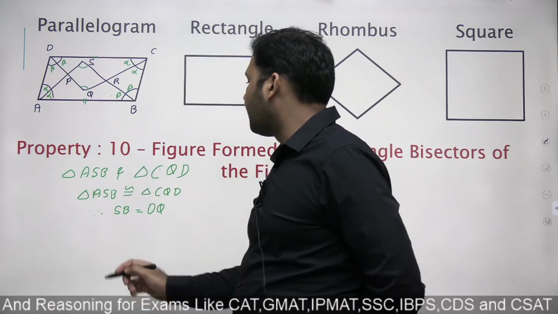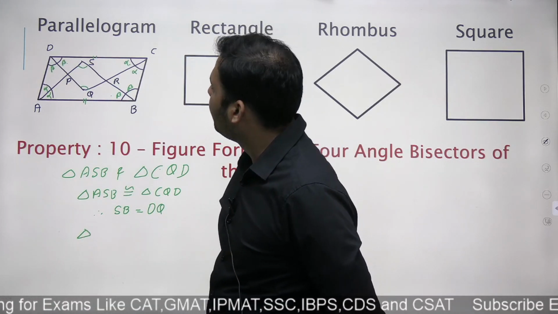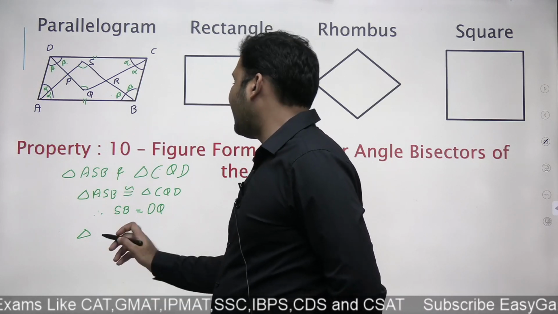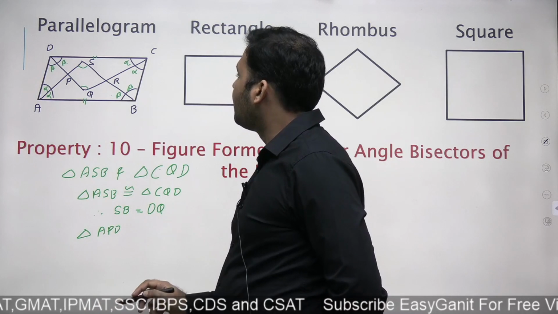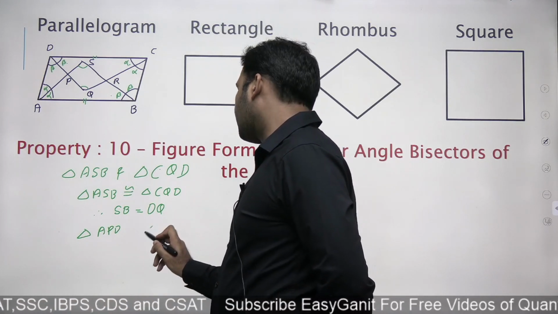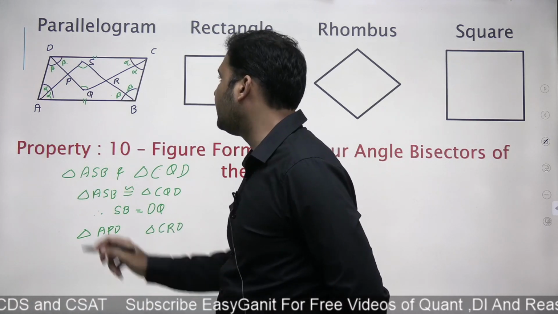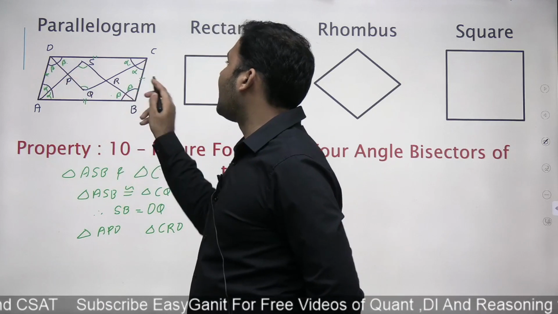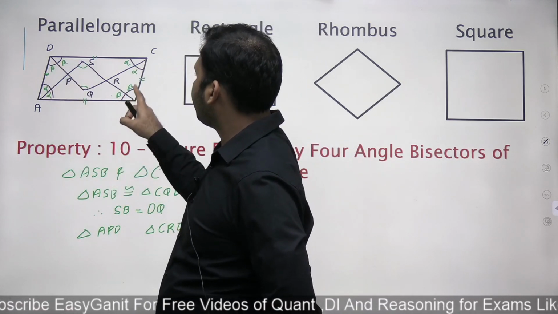Also, I want all of you to look at the triangle APD, guys. Look at the triangle APD and look at the triangle CRB. If you look at these two triangles carefully, these two sides are parallel and equal. This is alpha, this is beta, this is alpha, this is beta.